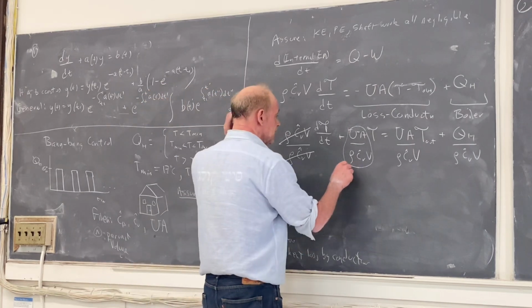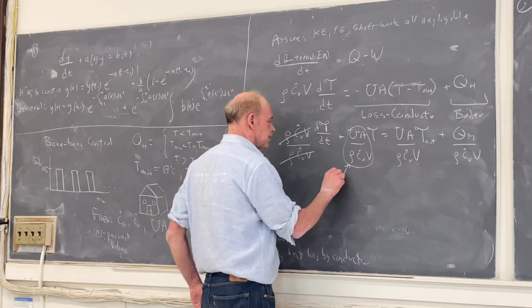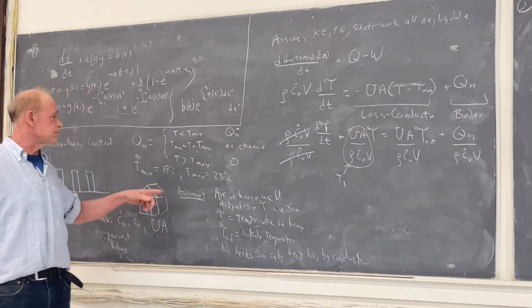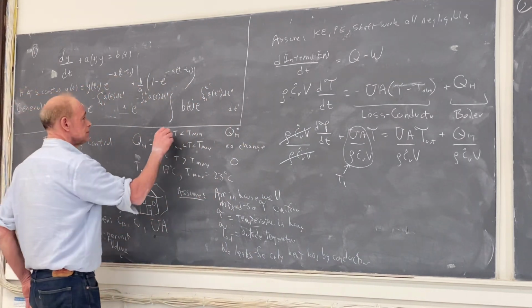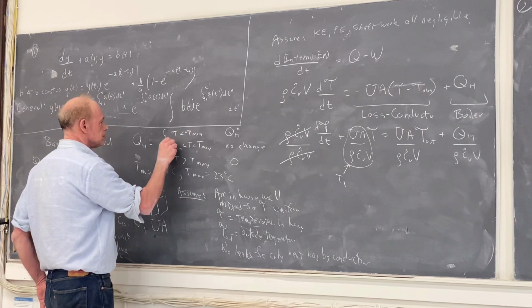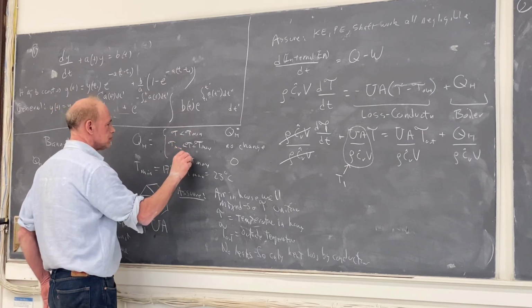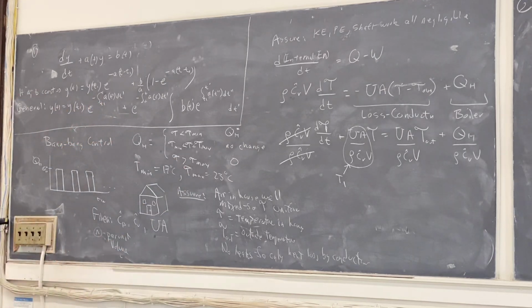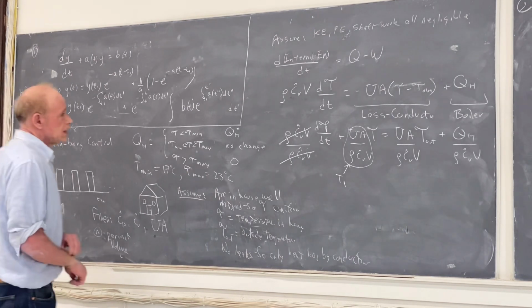So this is my time constant, which I'm going to call T1. That's why I'm using script T's for temperature and saving the capital T's for time constants.